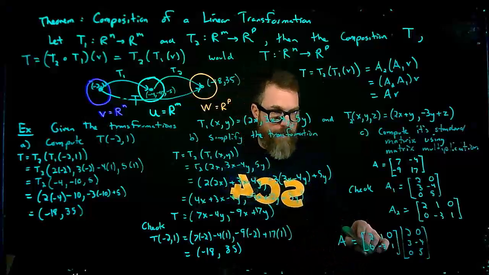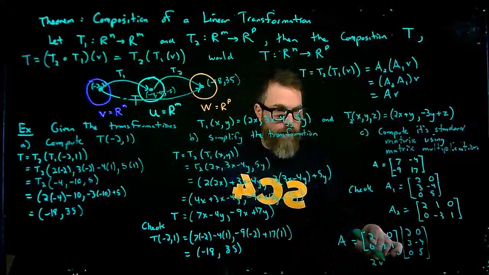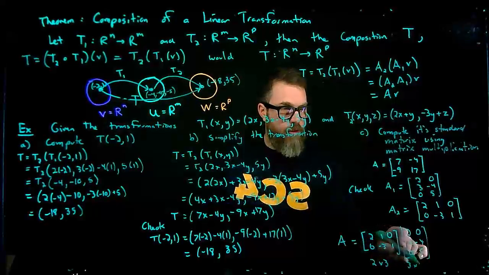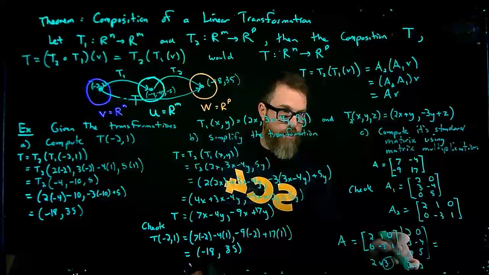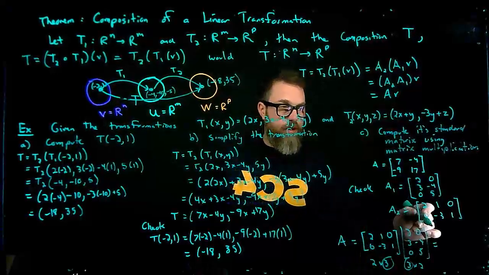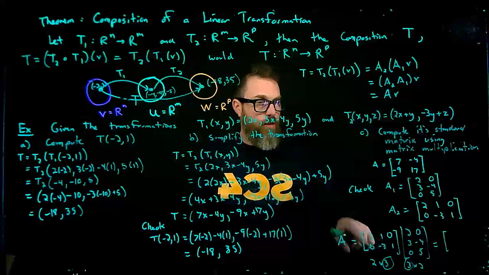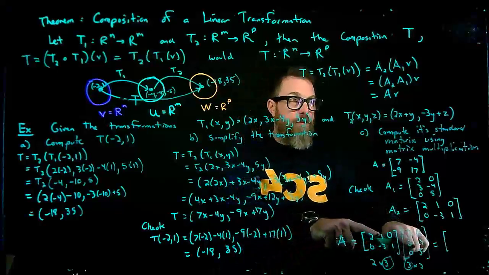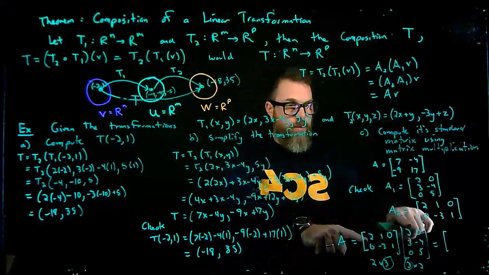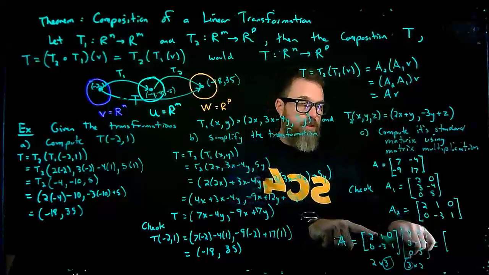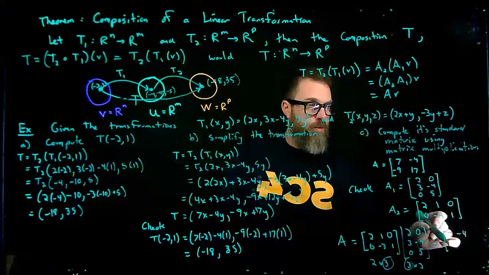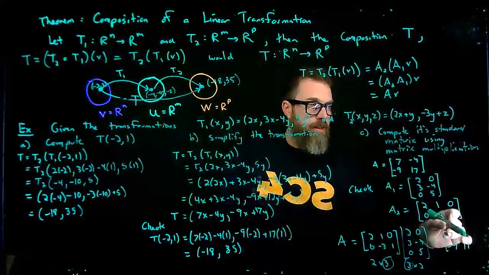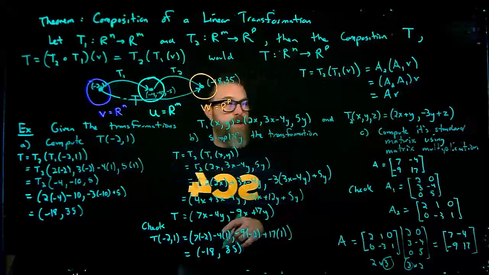This is a 2 by 3, and this is a 3 by 2, and indeed those are going to multiply because these match. So I'm going to get a 2 by 2 back, and with a little bit of work, it's going to be 2, 3. So 2 times 2 is 4, plus 3 is 7, plus 0 is 7.